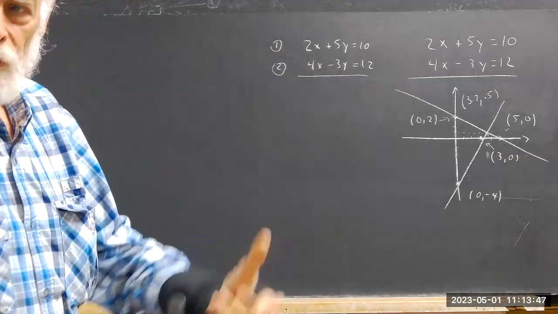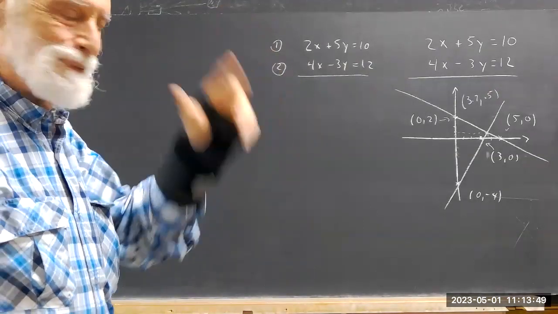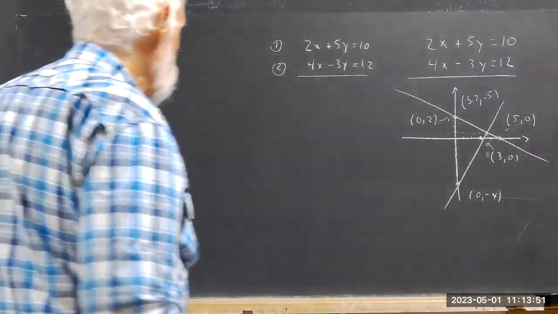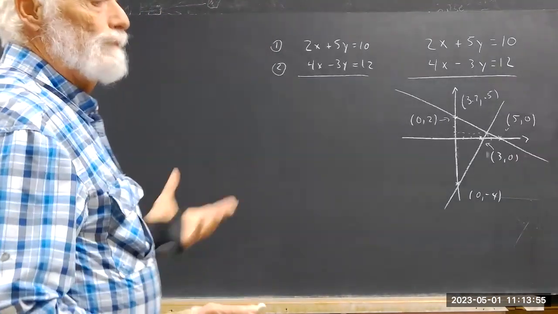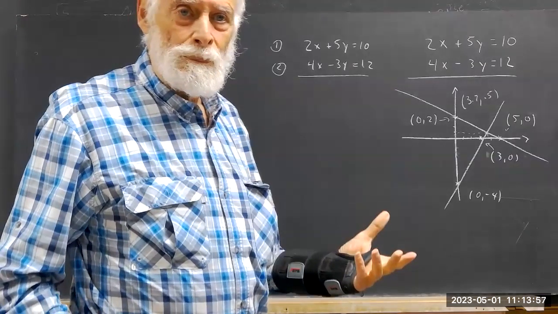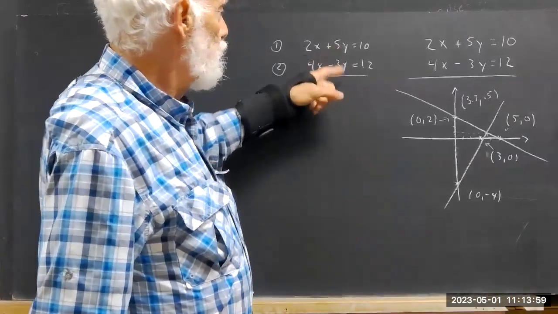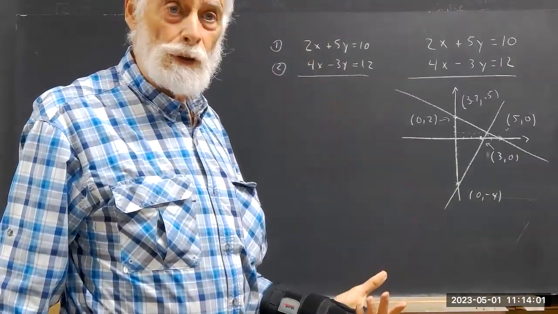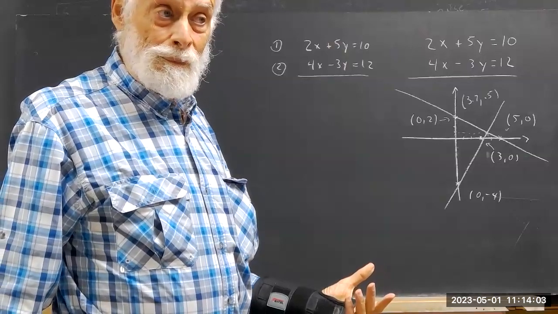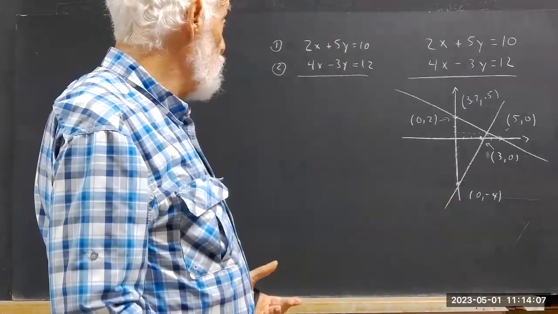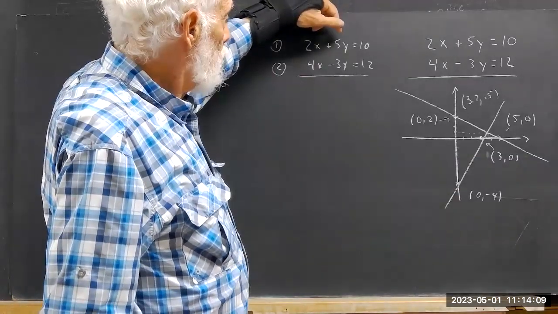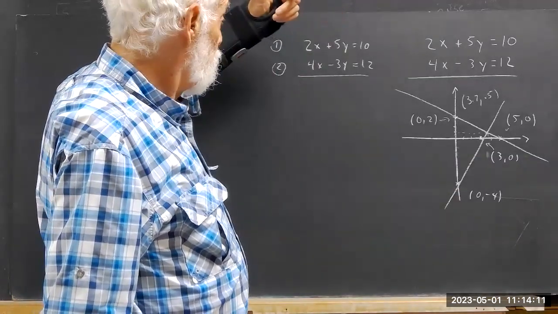And I'm just going to go ahead and demonstrate this since you do remember having done it. Now there are various ways this could be done. You could solve both equations for x or solve both equations for y.